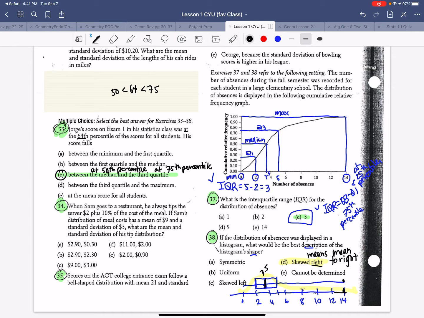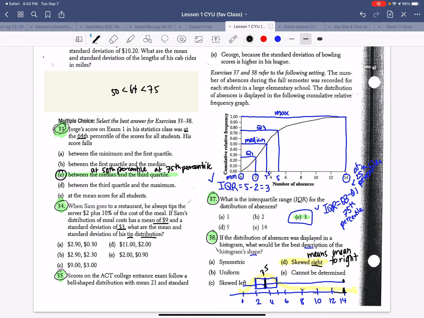Question number 34. When Sam goes to a restaurant, he always tips the server $2 plus 10% of the cost of the meal. If Sam's distribution of meal cost has a mean of 9 and a standard deviation of 3, what are the mean and standard deviation of his tip distribution?